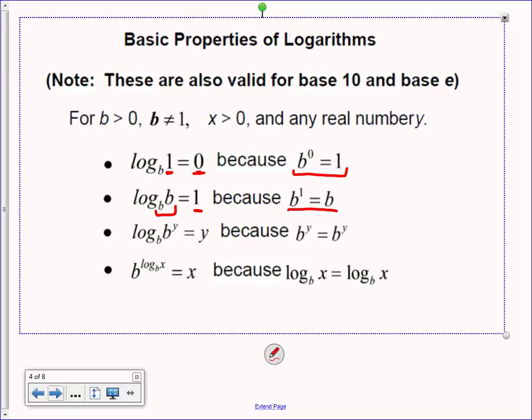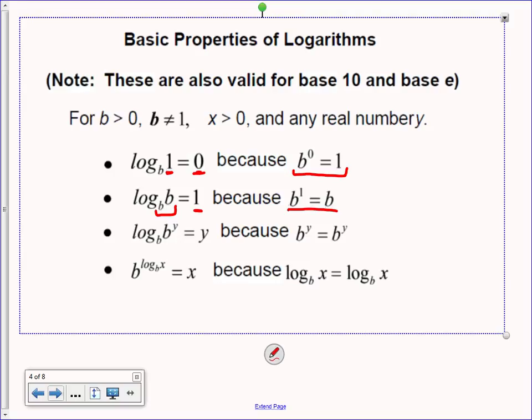All right, now the last two properties are using the fact that these are inverse functions, and they're going to undo each other. So if you have log base b of b to the y, that's just going to equal y. You can think of those as undoing each other.